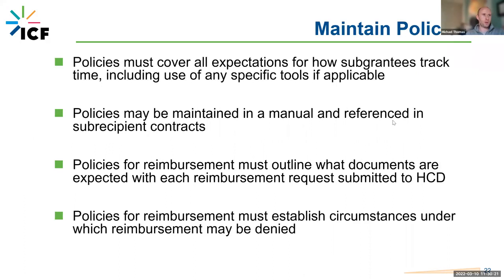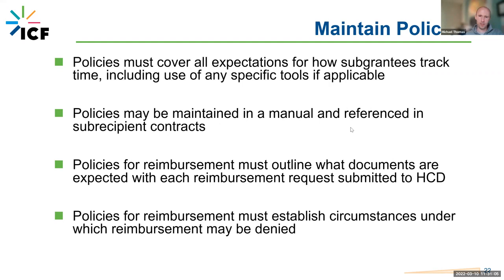Policies for reimbursement must outline what documents are expected with each reimbursement request submitted to HCD. So we talked about that a little before too. If you're going to request specific things from your subrecipients, your policies need to reflect that. Policies for reimbursement must establish circumstances under which reimbursement may be denied. What we're saying here is if there are specific things you want to see, and you are spot checking those specific things for compliance, then your policies need to spell out, if we don't see these things, or if these documents don't tie together, if the costs don't appear to be reasonable, that sort of thing, then we might deny the reimbursement.